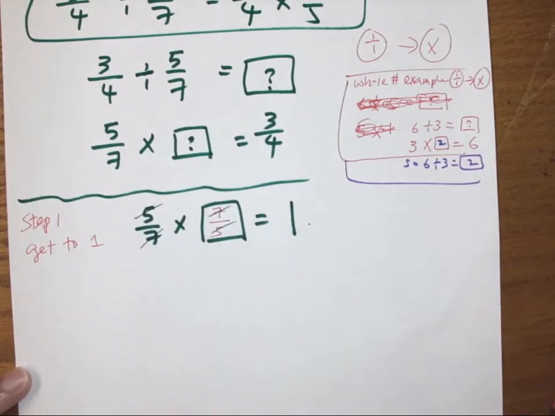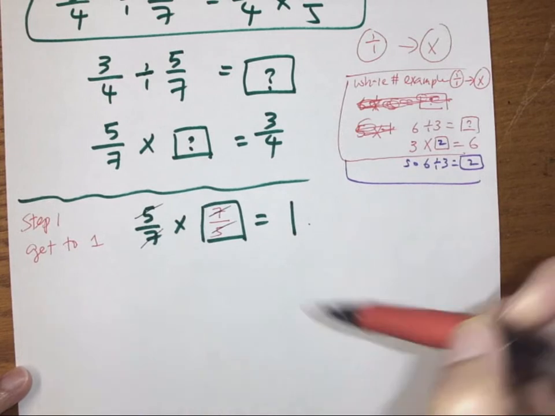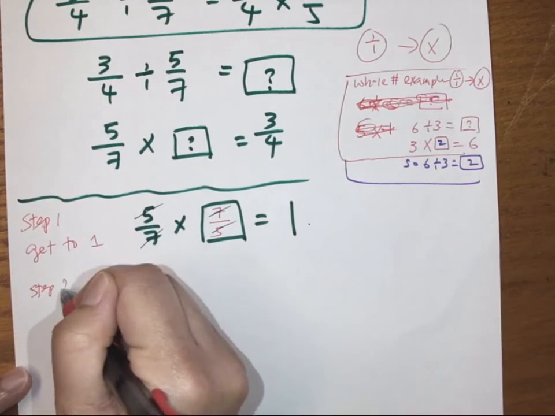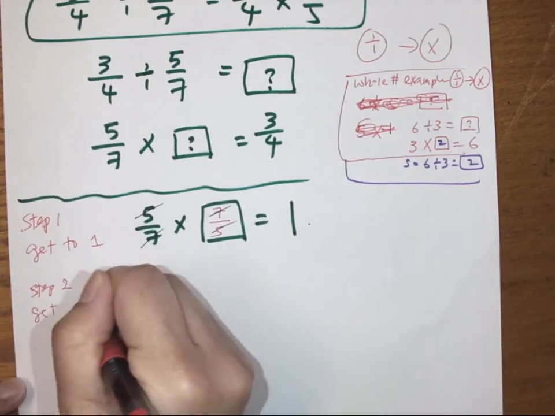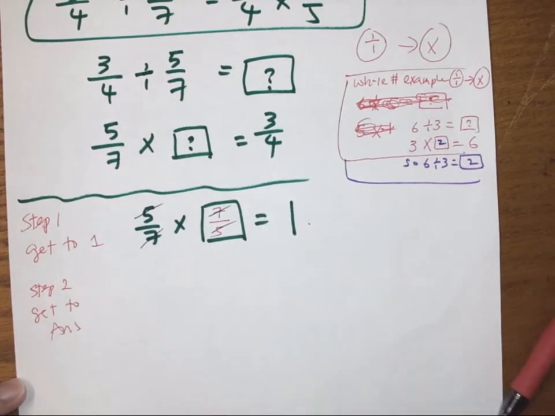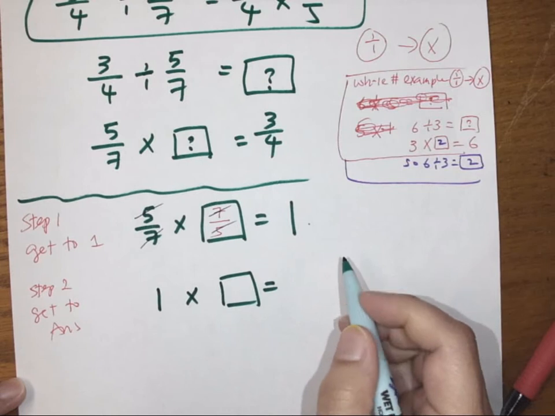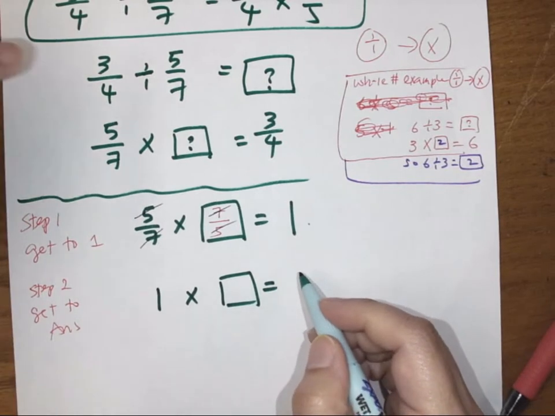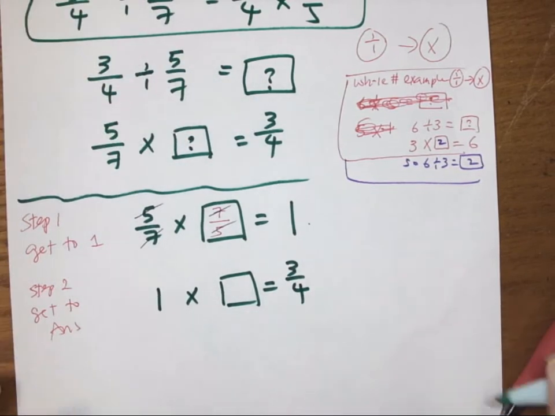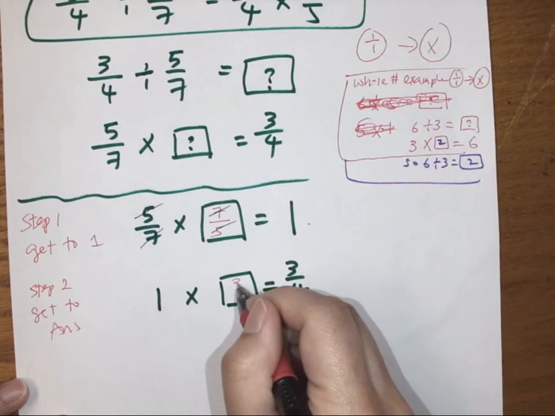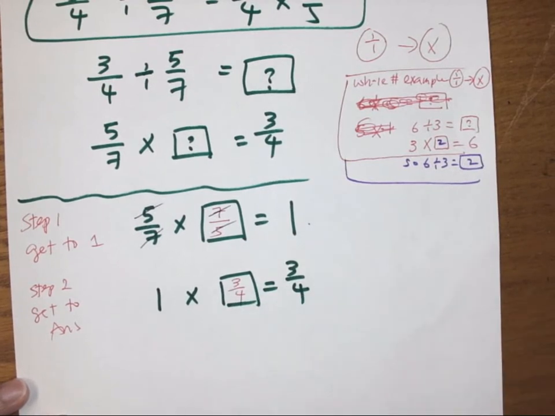Then, picking up from 1, step 2 is to get to the answer part. We start with 1, multiply by something to equal the answer. The answer was 3/4. So 1 times 3/4 is 3/4.